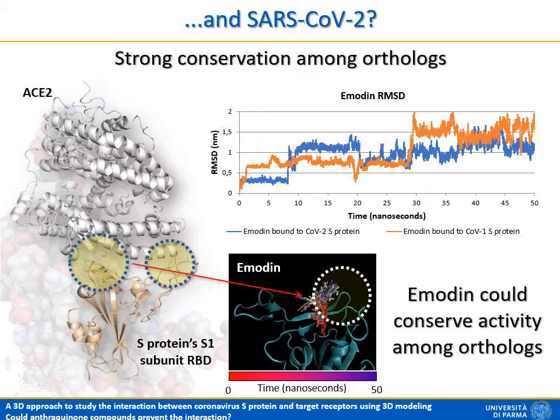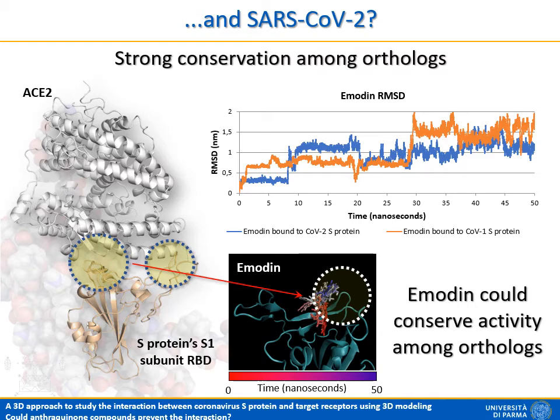And what we saw was that Emodin was able to interact with the surface pocket to a higher extent compared to the old spike protein from a geometrical point of view.